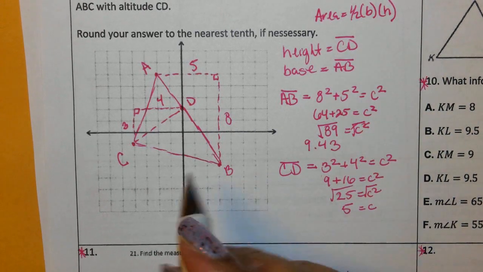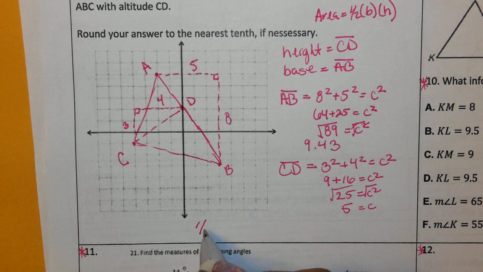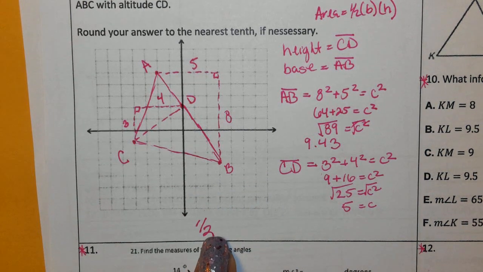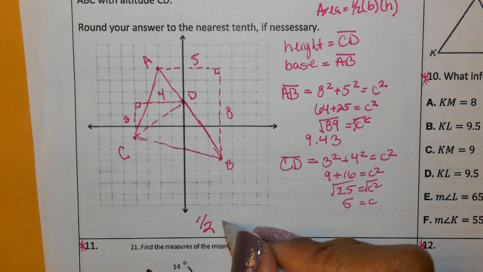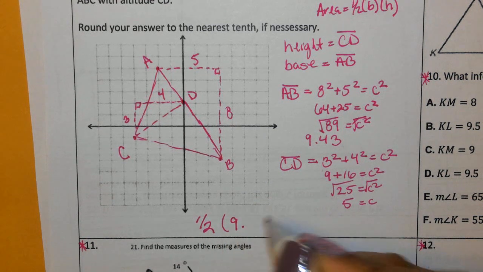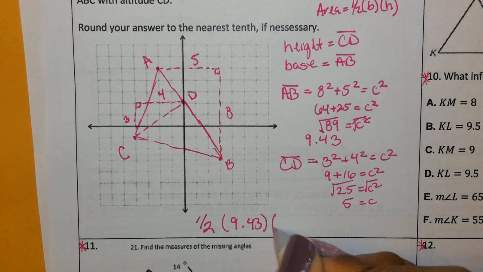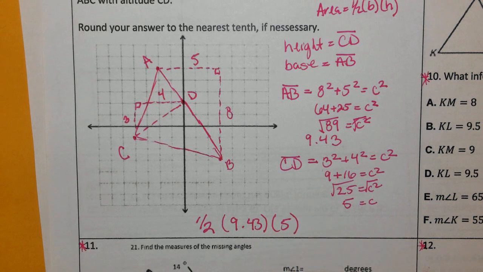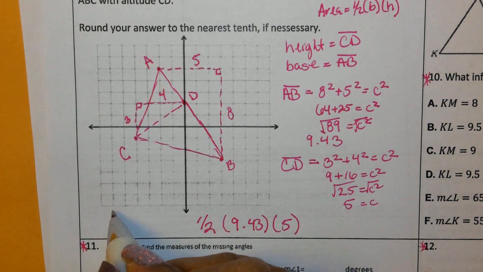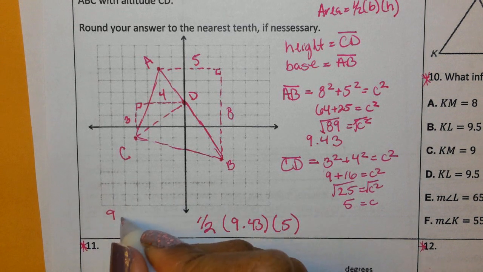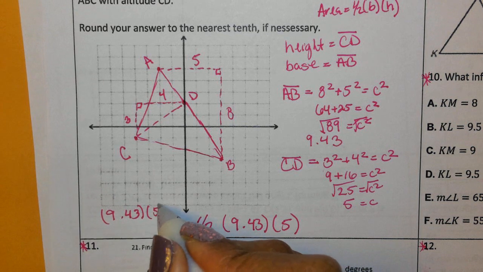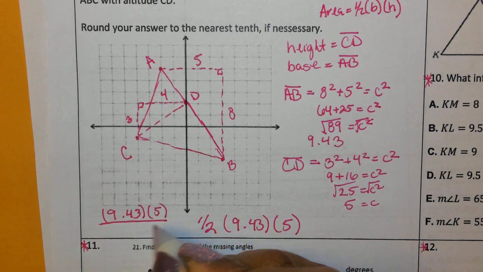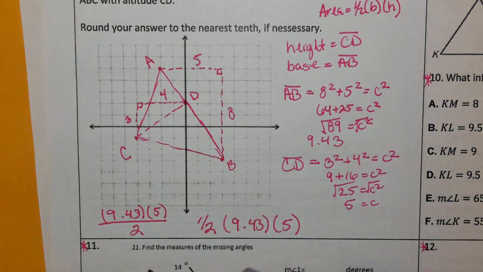All we have to do is put this successfully into the calculator. Now, if you put half in the calculator, there are 2 ways to do that. You can put it in as 0.5 and then multiply it by the other 2. Or, of course, you remember, I'm going to write this over here, it's the same thing. You can do the base times the height, and then divide by 2. It's going to give you the same exact answer.